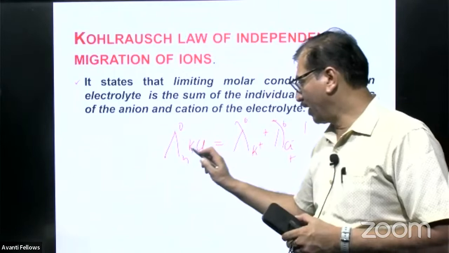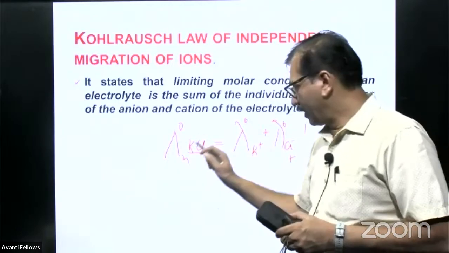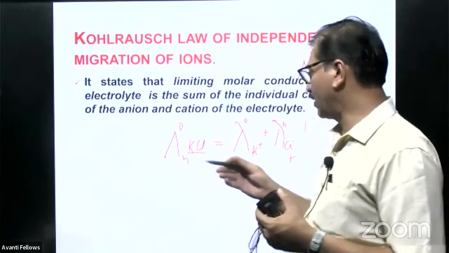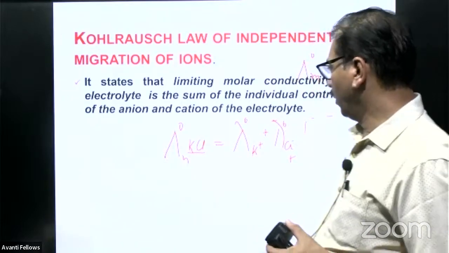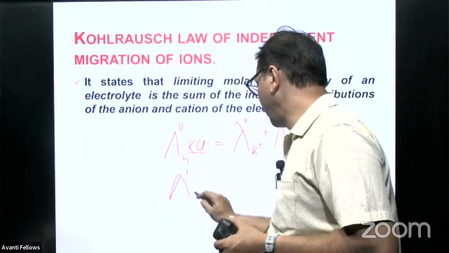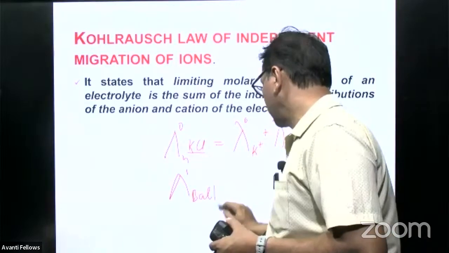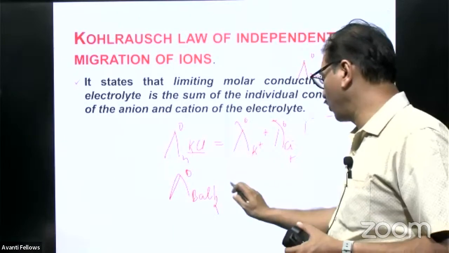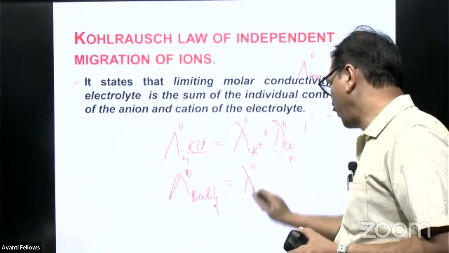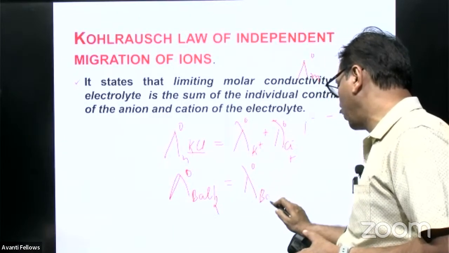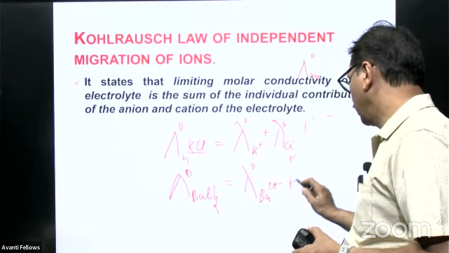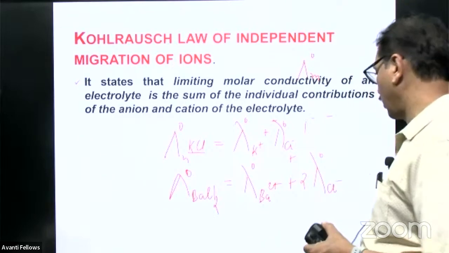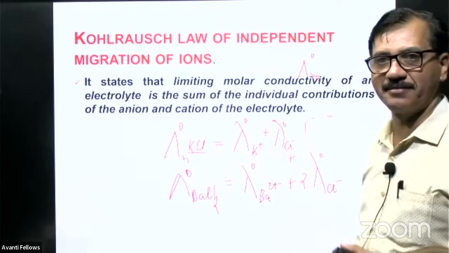If there is an ion, that is an individual contribution towards the conductivity. So if it is the molar conductivity of BaCl2, how will you write it? Lambda m0 for BaCl2, you can write the ionic conductivity at infinite dilution of Ba2 plus ion plus 2 into the ionic conductivity of Cl minus ion, because there will be two Cl minus ions.